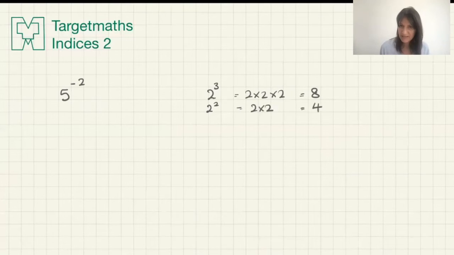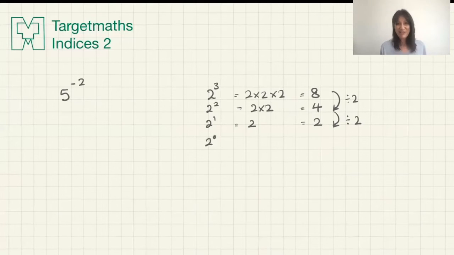And I can see that this has halved, basically, hasn't it? 2 to the power of 1 is just 2, and that halving is continuing. 2 to the power of 0, I've just learned that that is going to equal 1. It's a fact that I now know, but I can also see it happening in this pattern when I divide by 2.